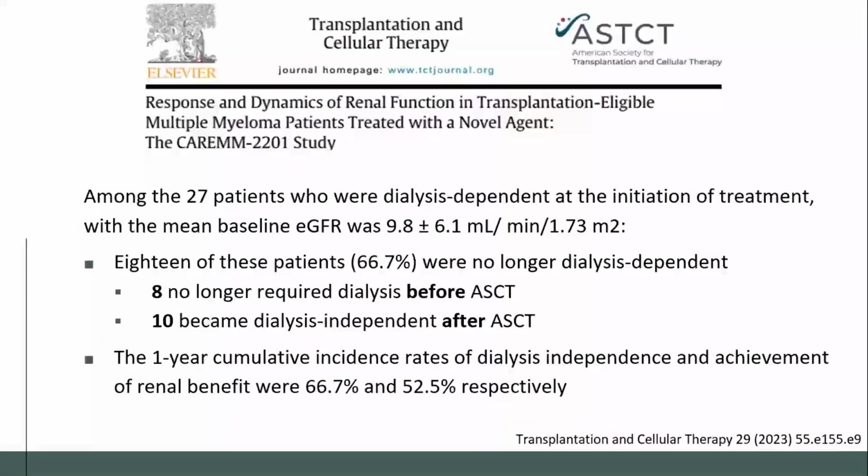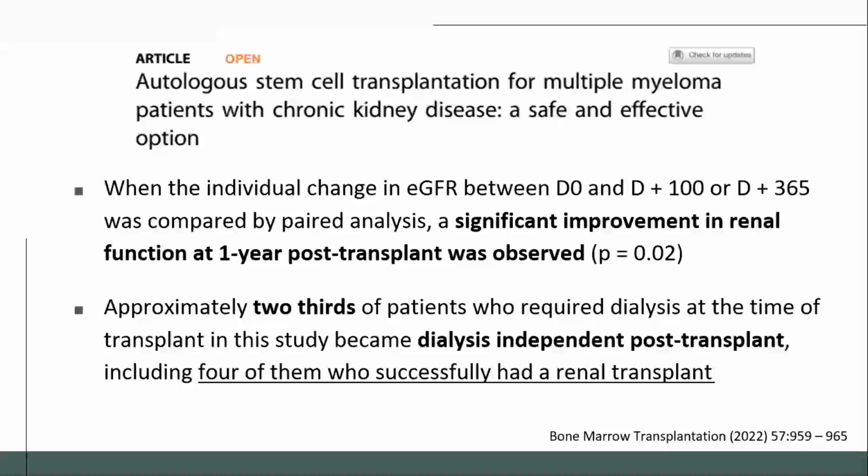Another article published in the Transplantation and Cellular Therapy Journal showed that among the 27 patients who were dialysis dependent at the initiation of treatment, with their mean baseline GFR around 10 mL/min, 18 of these patients were no longer dialysis dependent: 8 before bone marrow transplantation, and 10 after the autologous stem cell transplantation. The 1-year cumulative incidence rates of dialysis independency and achievement of renal benefits were 66% and 52% respectively.